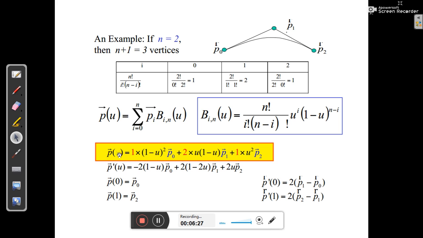P0, if you put 0 here, you will get this one. If you put 1 here, you will get this one. If you put 0 in this equation, you will get this one.